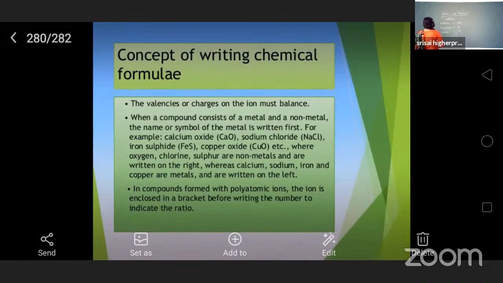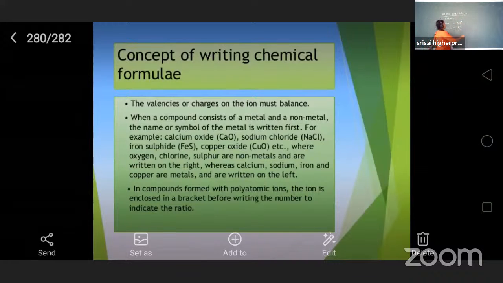I taught you metals, non-metals and metalloids. So sodium is a metal, potassium is a metal, silver is a metal. These we say are cations. Cations means positively charged. We indicate the positive sign here.